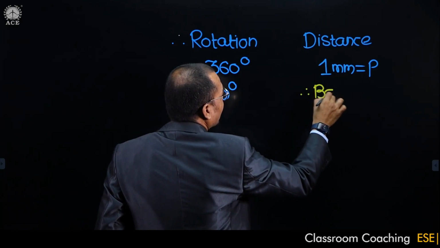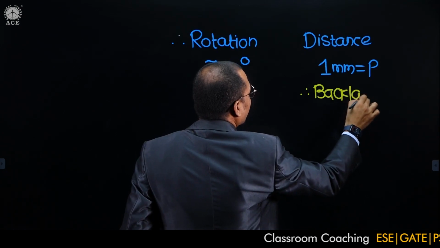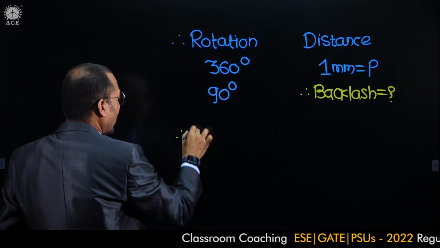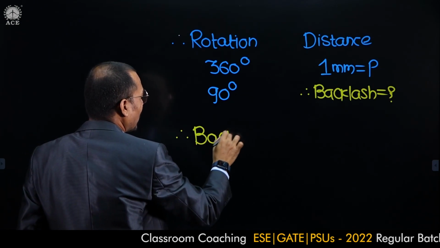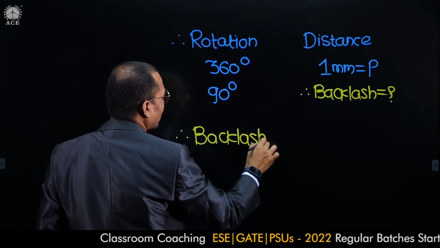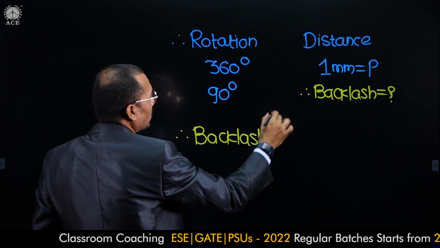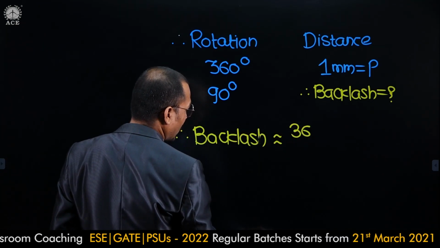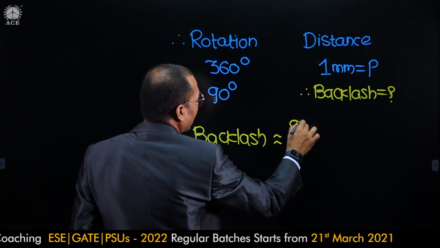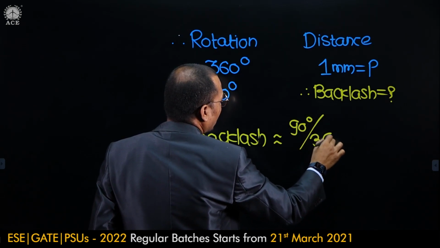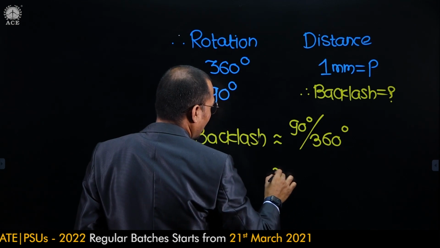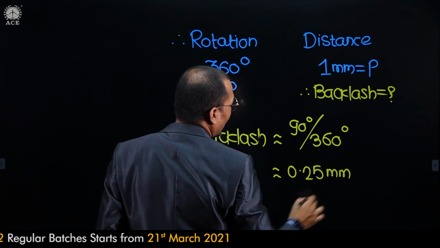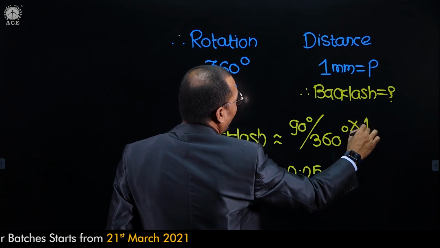This is a simple question, but I'm explaining in a detailed manner, so you can calculate this with simple logic. The backlash distance is 90 degrees divided by 360 degrees, which is exactly 0.25, multiplied by 1 millimeter, giving 0.25 millimeter.